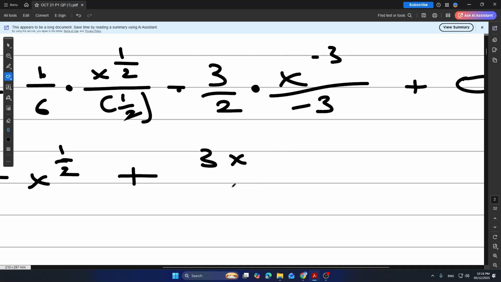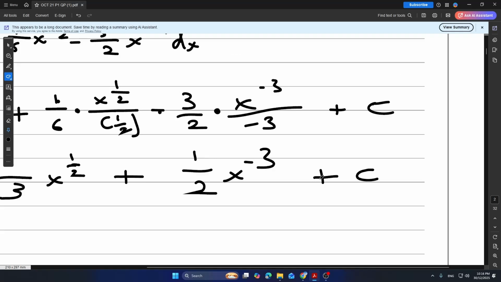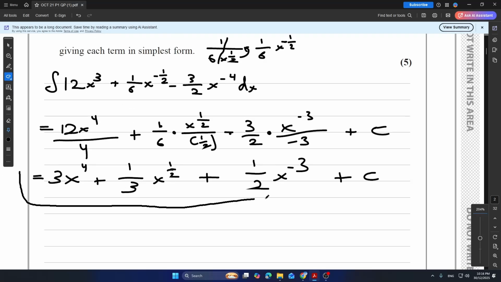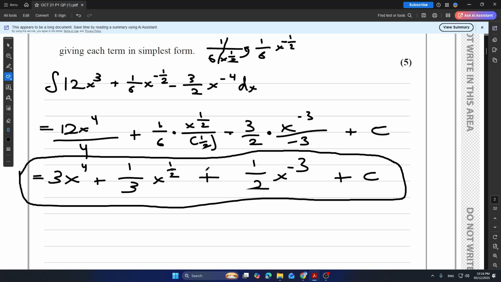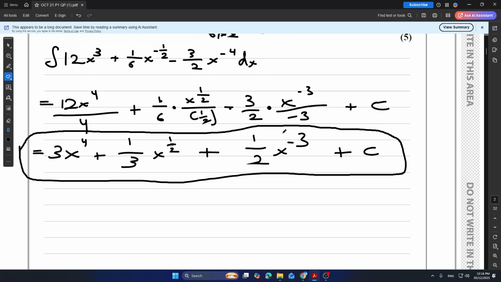So I can say 1 over 2 x power minus 3, and the plus c in the end. And this is the fully simplified integral. This is the final answer after it has been simplified. So be careful with the signs, and yeah, that's it. And make sure to remember the plus c in the end.